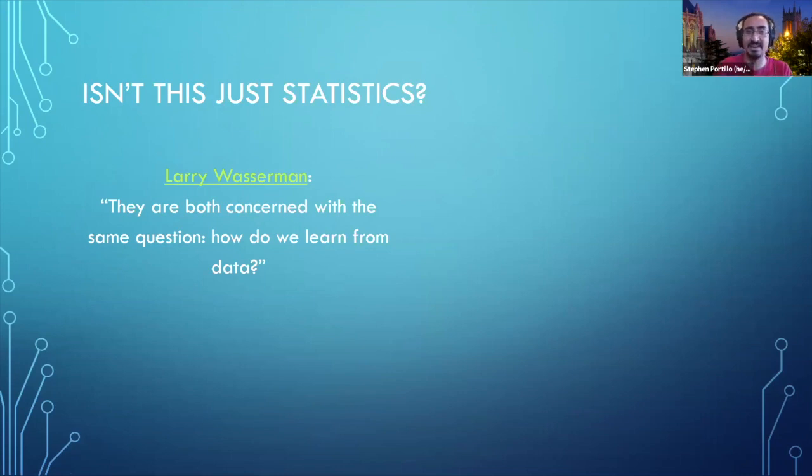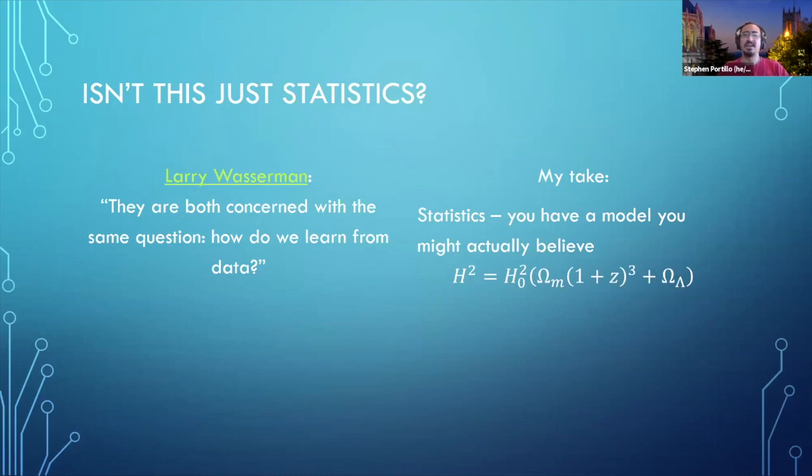My take is that it's hard to draw a hard boundary between statistics and machine learning, but I think something is more like statistics if you have a model that you might actually believe. So in my supernova example, I have no business fitting random polynomials to the data if I have a model of cosmology that I actually believe. So what I should actually be doing, like Josh said, is thinking about the generative model.